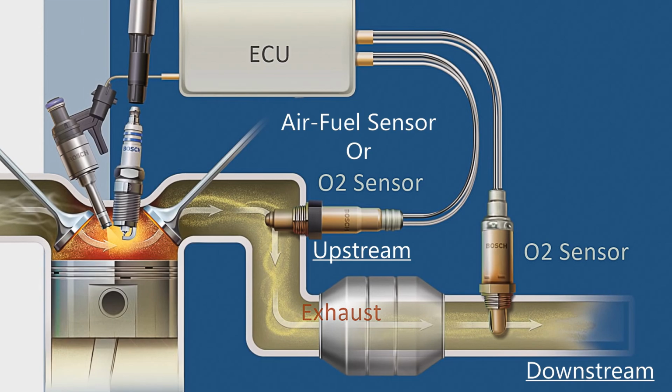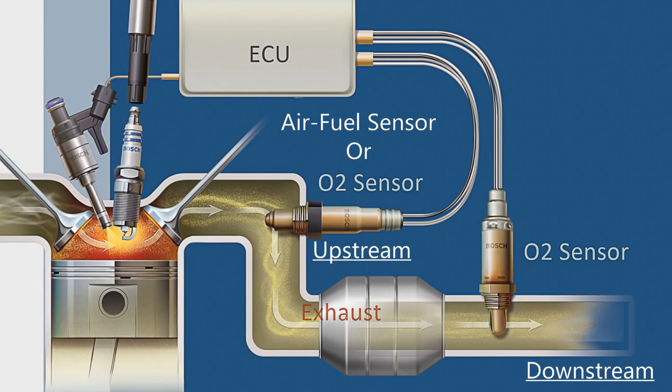And so in this case, if both the upstream and downstream sensors, the air fuel and the oxygen sensor, show similar or the same readings, it's indicating that there's a problem with the catalytic converter. It could be clogged or just not functioning properly, because its job is to change the oxygen levels between the two sensors.